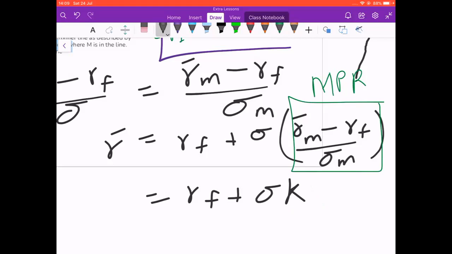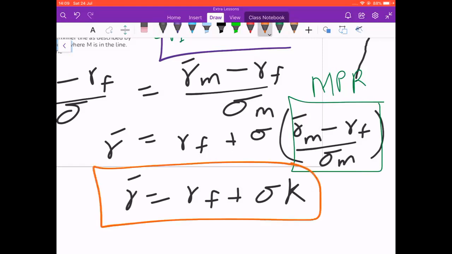So now there is a relationship over here, right? There is a relationship between the returns and its risk. How can I explain this? K tells you by how much your returns should increase for every 1 unit increase of your risk.